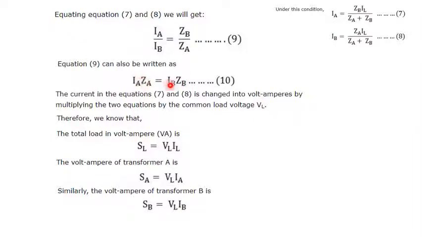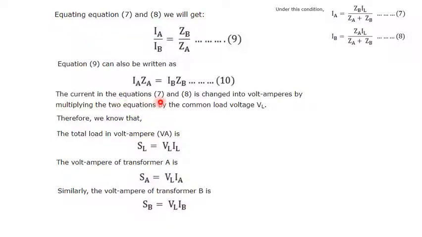So both sides you just multiply VL, and if you multiply both sides by VL, this becomes volt ampere.